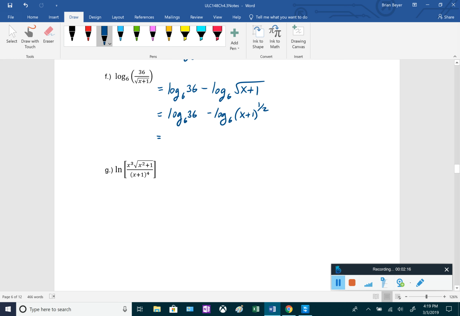So log base 6 of 36 equals 2, because 6 squared is 36. I'm going to bring down the 1/2 exponent for the power rule for the second term, and this is our answer. So make sure you have parentheses around the x plus 1, because if you don't, technically it's something different.